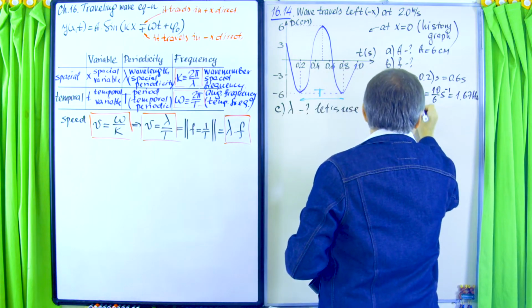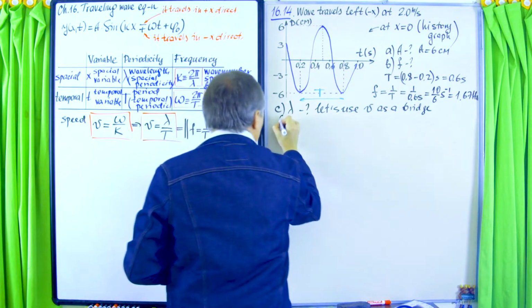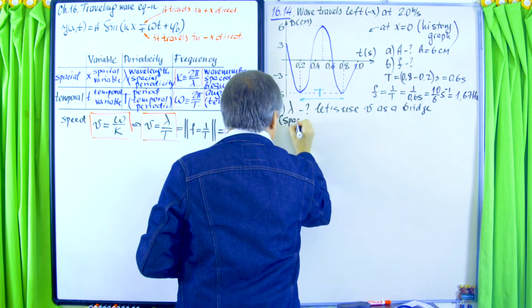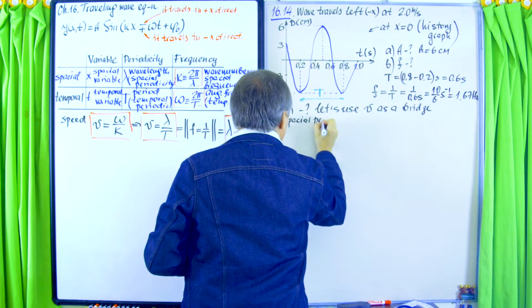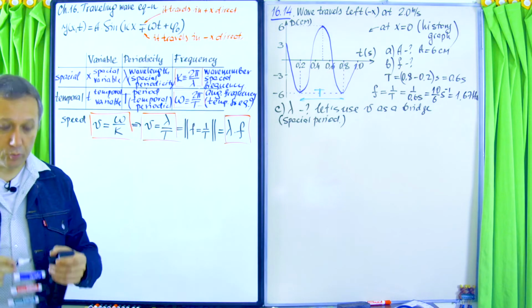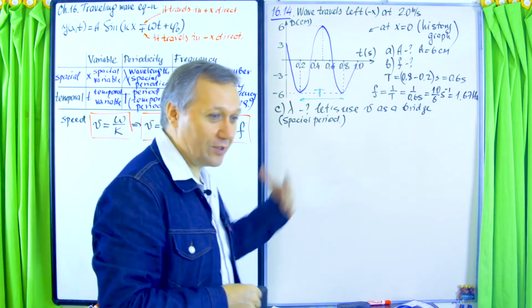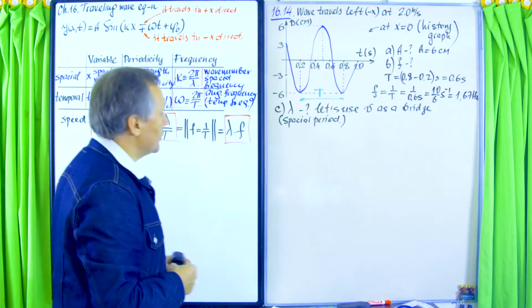Let me emphasize that. As the bridge between, okay, so it's a spatial periodicity. In order to move from what is given, lots of temporal information, into the spatial world, we need to use the bridge.